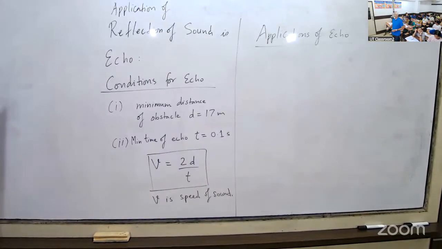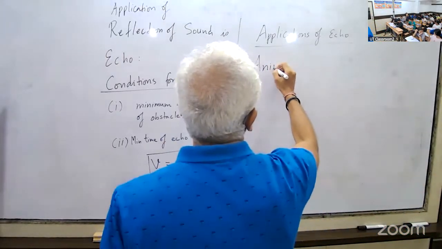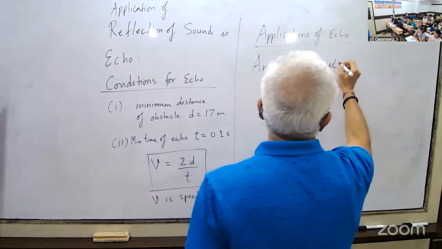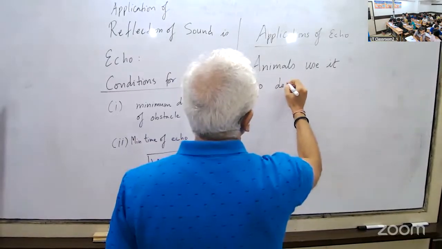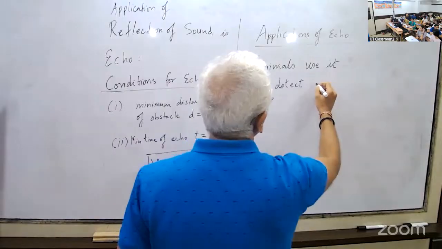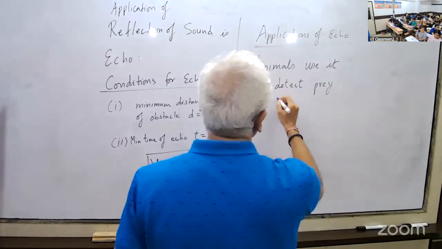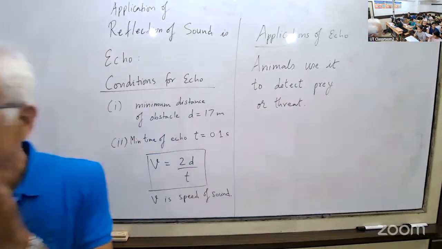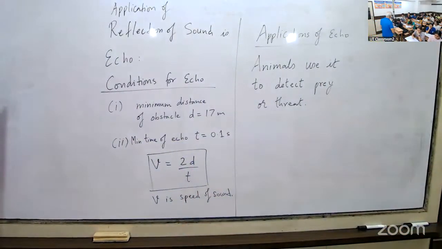So animals use it to sense, detect. For example, bats cannot see.